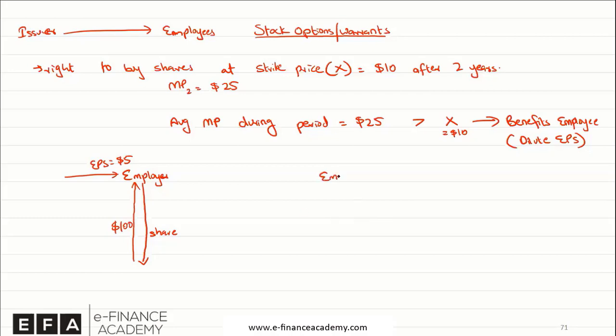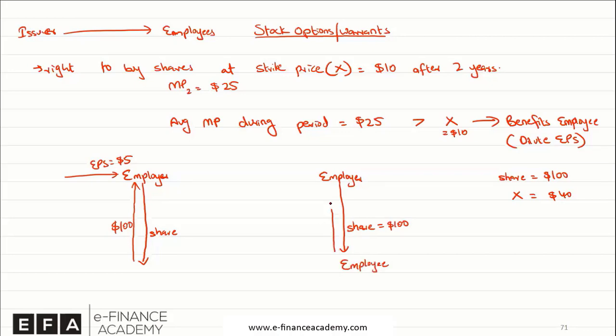What if the share price is worth $100, but the exercise price, which is the strike price, is $40? In this case, as we know that the employee would exercise the option, that means the company would have to issue a share which is worth $100 to the employee.